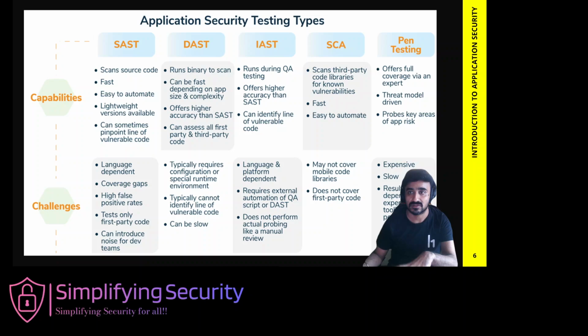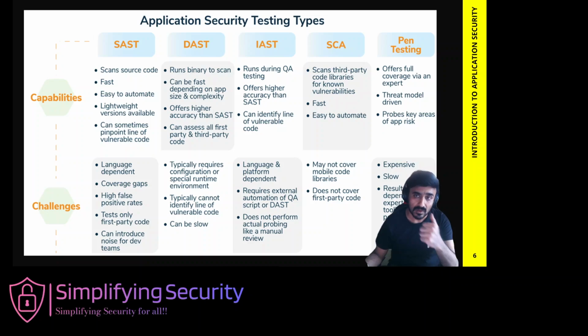Mature organizations do all of these, because each service has its own advantages and disadvantages. But if you have a restriction, you cannot do all. You have to choose some of them and perform them on the environment, service, or product you are testing.